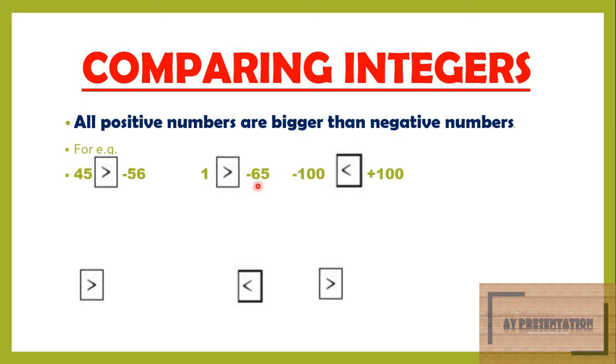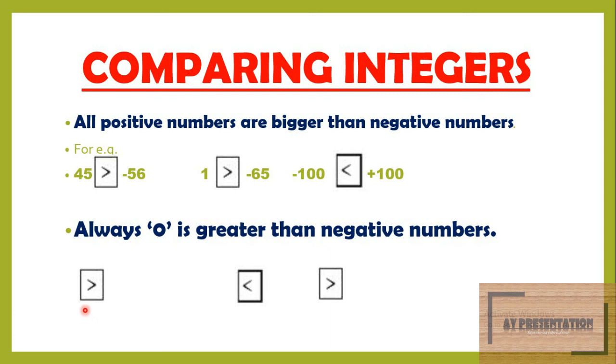Now check the second example. Here positive 1 and here negative 65. The 65 figure looks bigger, but that is a negative sign. So 1 is bigger than negative 65. Here negative 100 and positive 100. So positive 100 is bigger than negative 100.